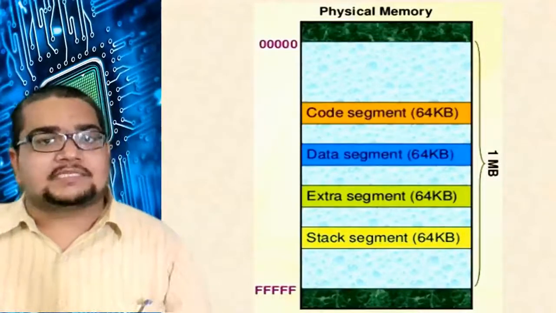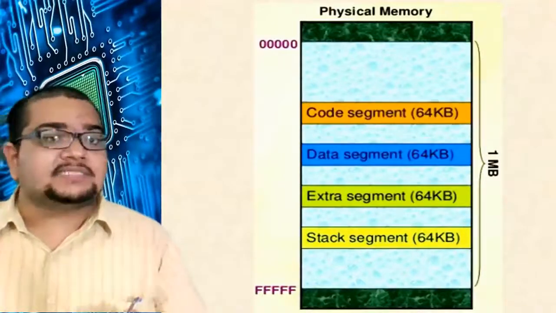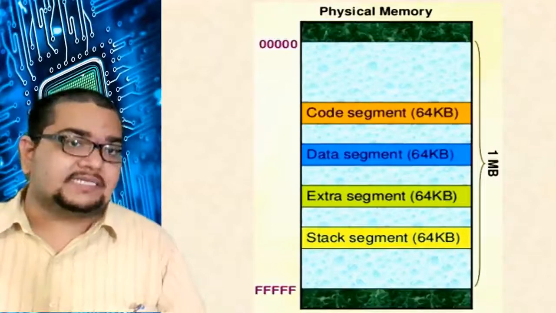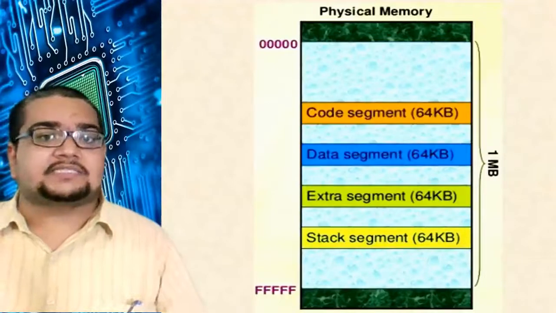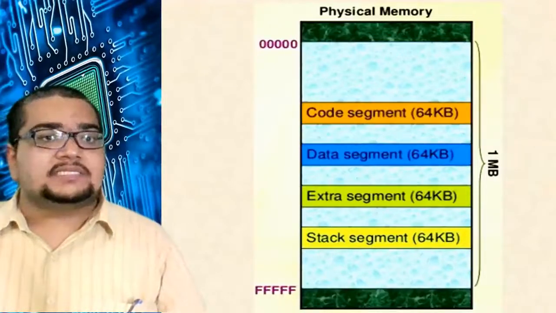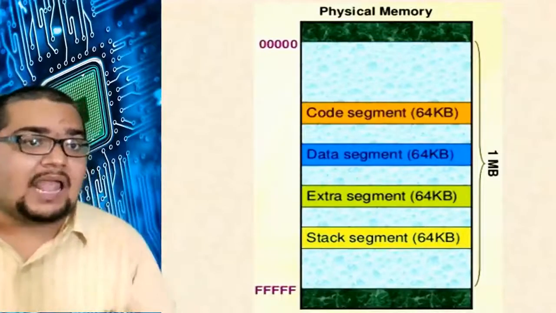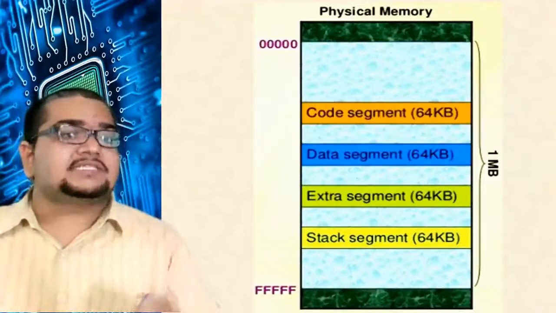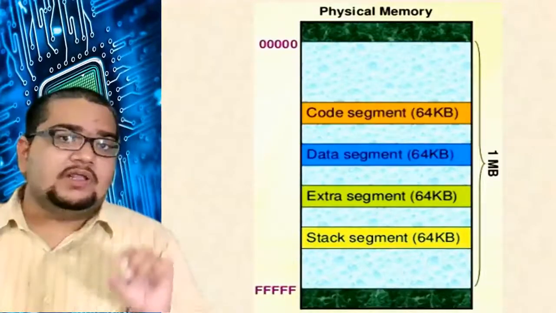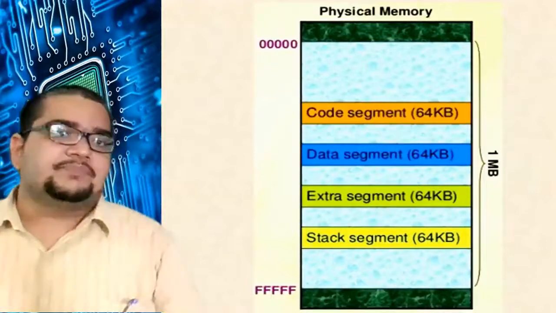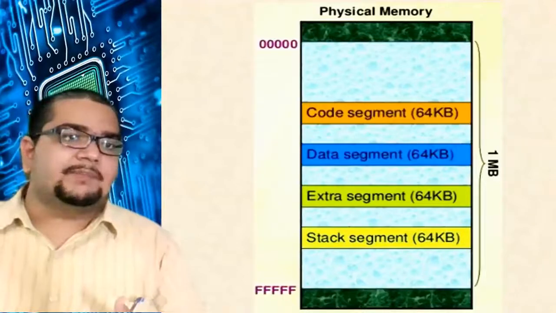Out of that, you are accessing only 4 at a moment of time by assigning their base addresses into the code segment register CS, data segment register DS, extra segment register ES, and stack segment register SS. That means the segments are named code segment, data segment, extra segment, and stack segment. The base address is the starting address of that segment, where the segment exactly starts in physical memory. The physical address is 20 bits.